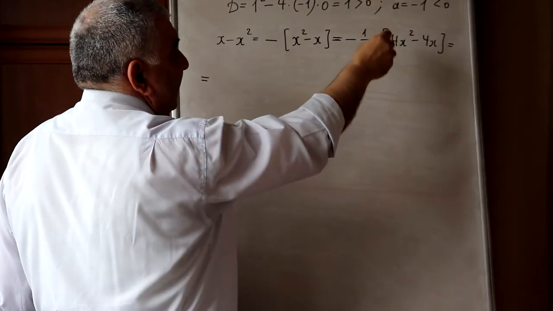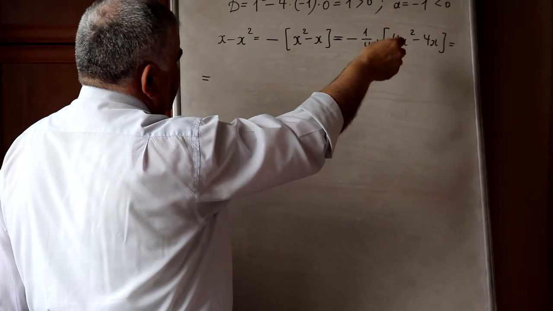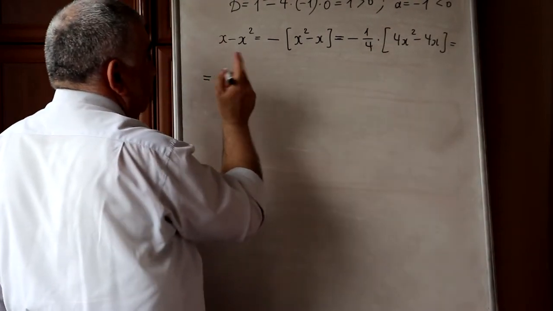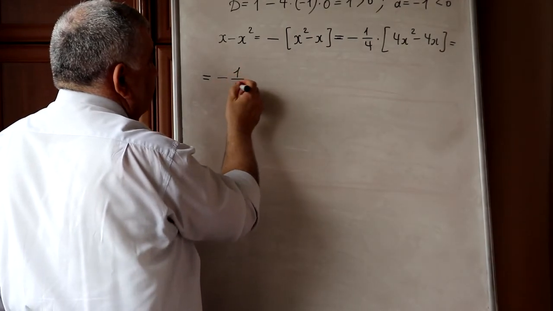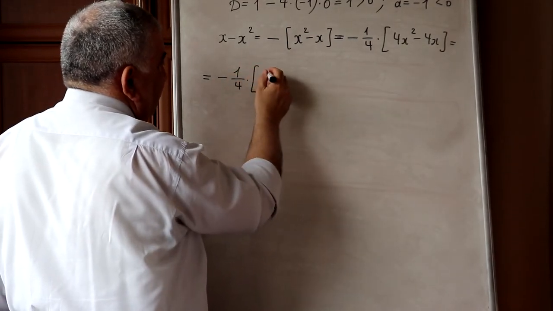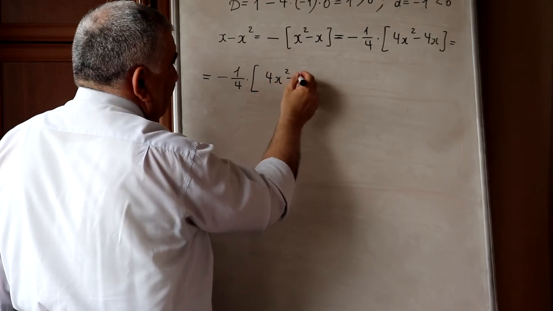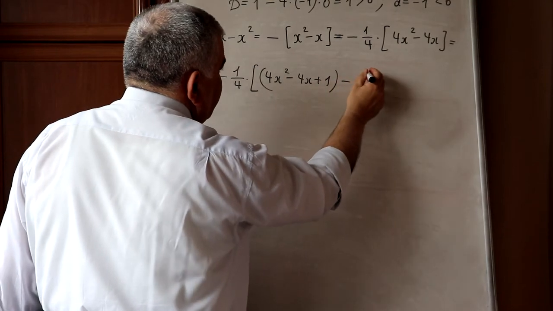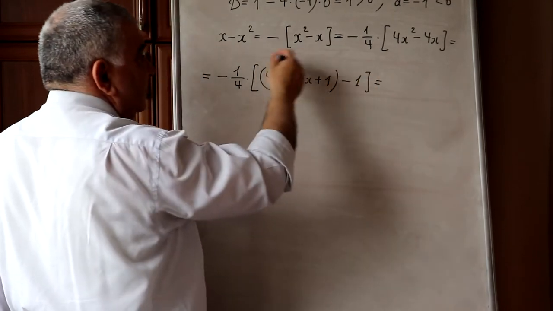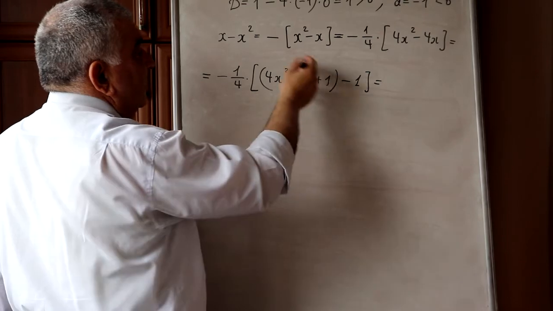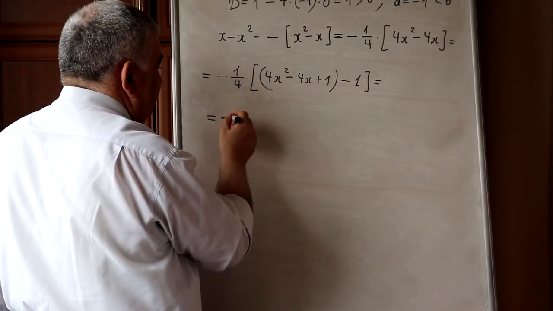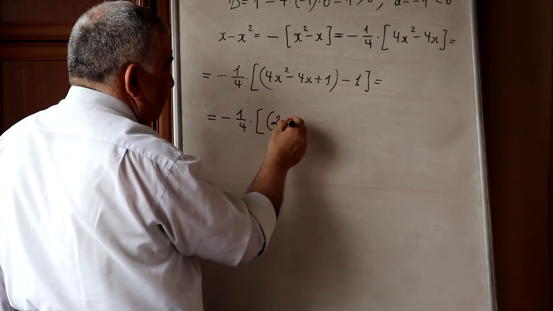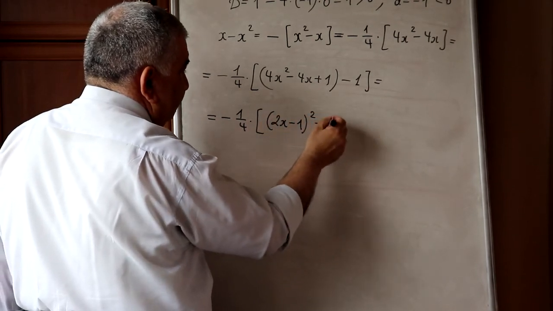Then add and subtract unity in this expression at the same time: minus 1 fourth (4x squared minus 4x plus 1 minus 1). Already it is a complete square: minus 1 fourth multiplied by ((2x minus 1) squared minus 1).